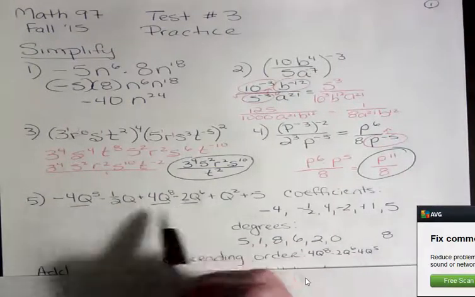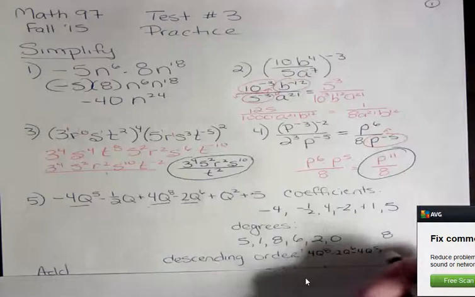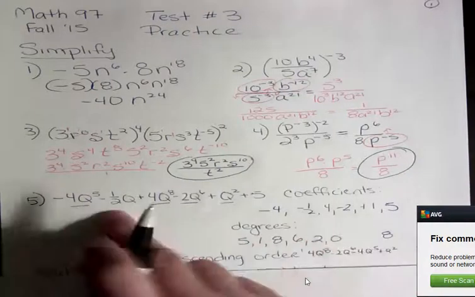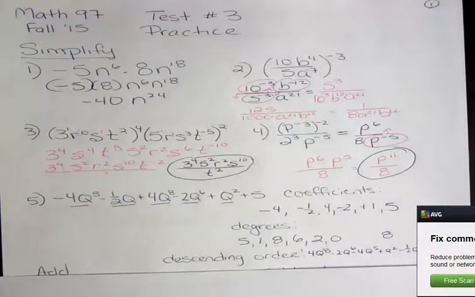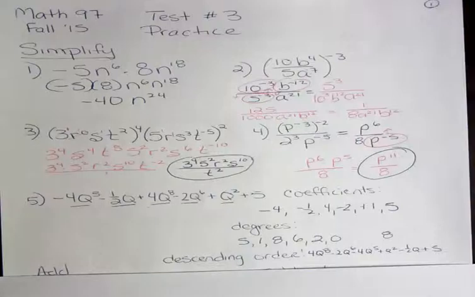Then q squared, -1/2q, and +5. When I write that in descending order, I put pluses and minuses in between there as we go.